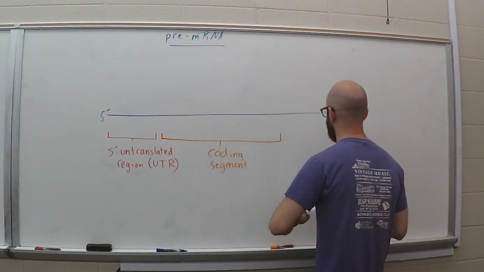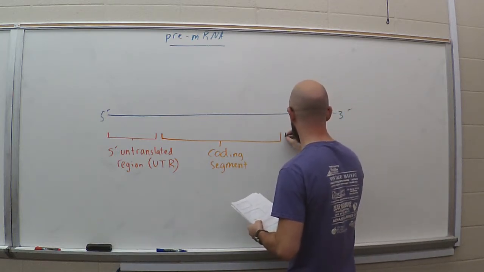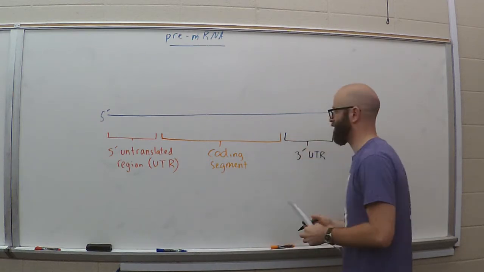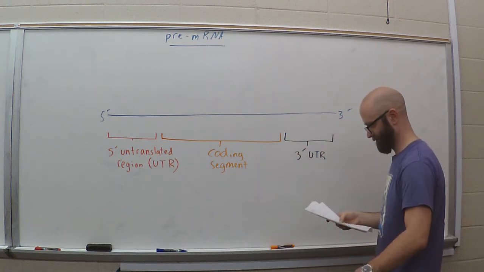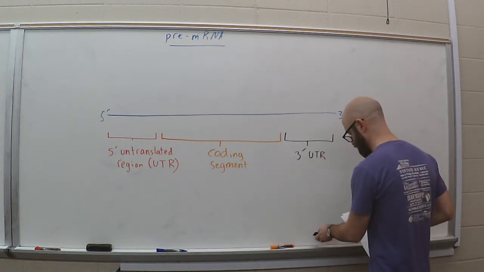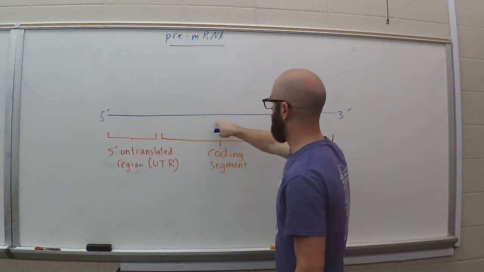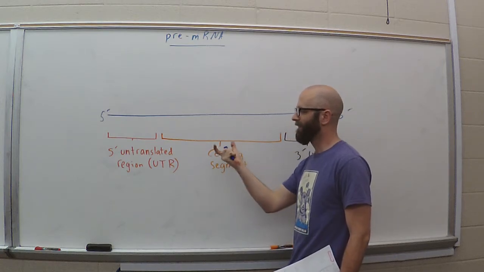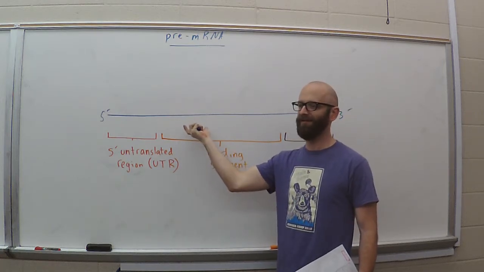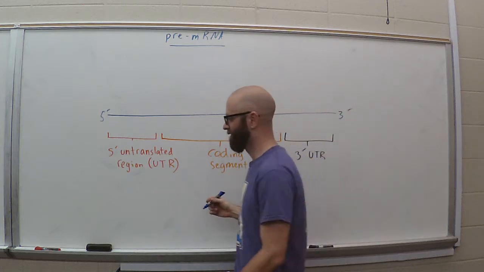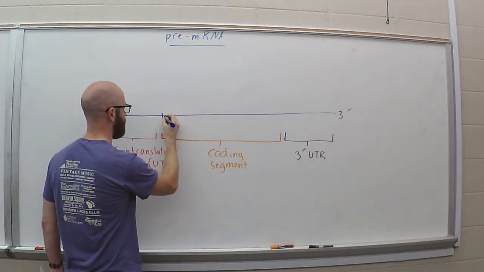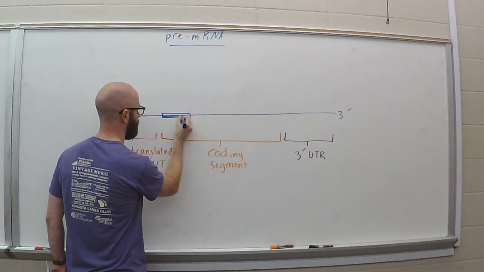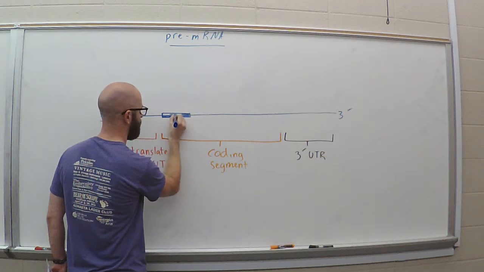And then there's also a 3' untranslated region. Right here in the coding segment, there are sequences that are translated and sequences that are not translated. Right? So there's two types of sequences here. They're called exons and introns.